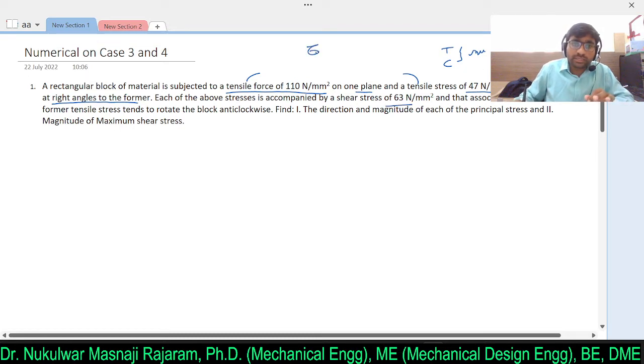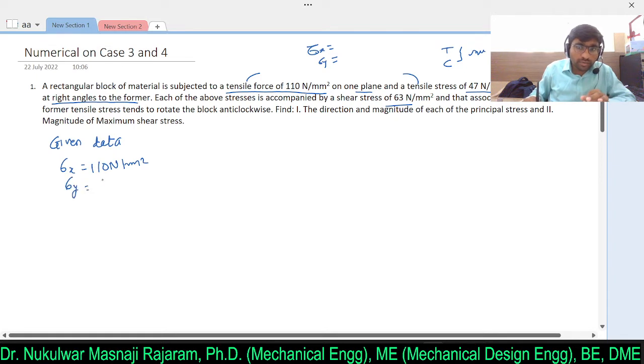So what is given? Tensile stresses sigma x and sigma y. Why am I writing sigma x and sigma y? Because they are at right angles. Here I will write the given data. Sigma x is 110 Newton per mm square, and sigma y is 47 Newton per mm square.